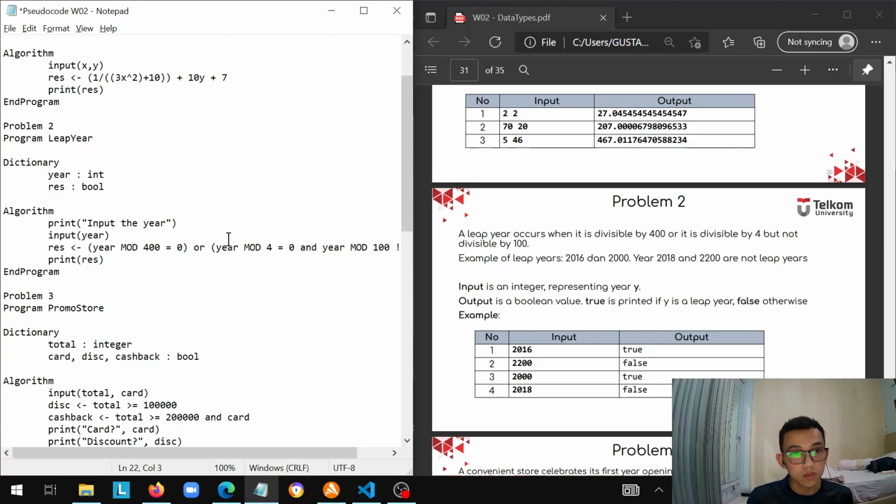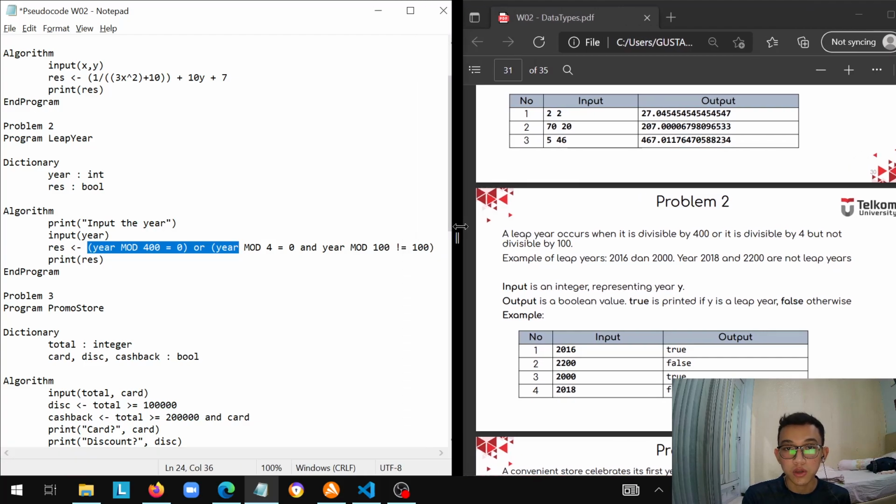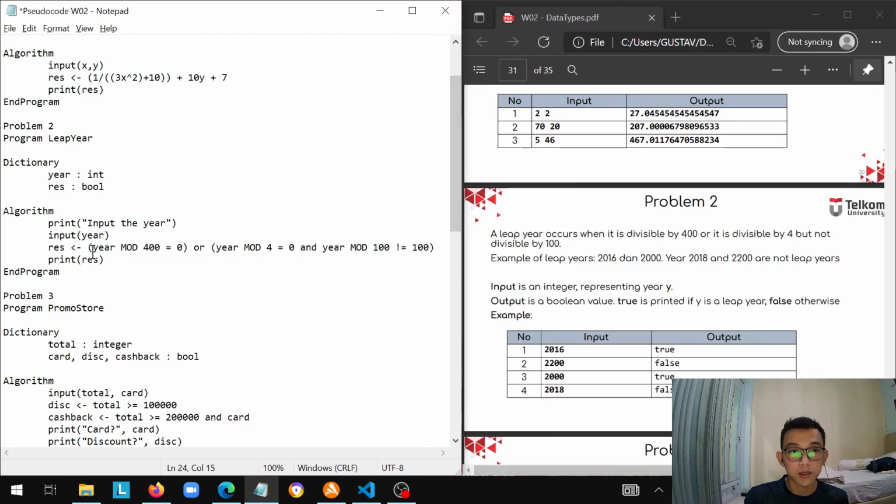For this one, I use a prompt asking, please input the year that you want to determine whether it is a leap year or not, and then you input the year as an integer. With this it's gonna find out whether it is a leap year or not by checking whether it is divisible by 400, or if it's divisible by 4 and not divisible by 100.